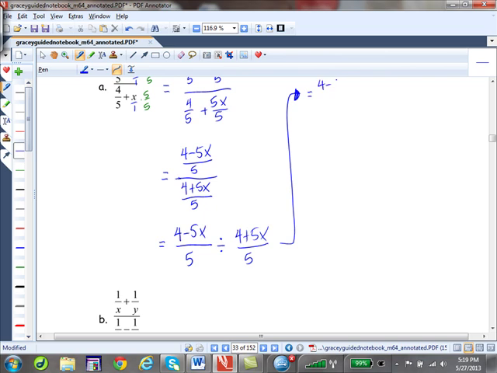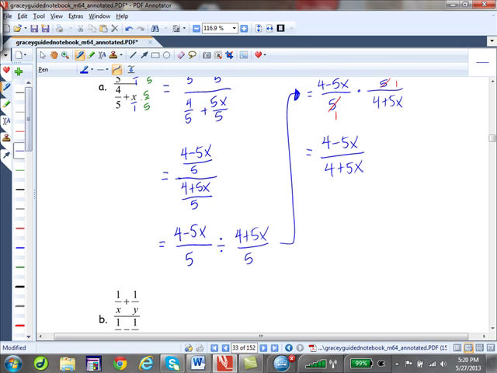So I'll have 4 minus 5x over 5 times 5 over 4 plus 5x. The 5's divide out and we'll have 4 minus 5x over 4 plus 5x.